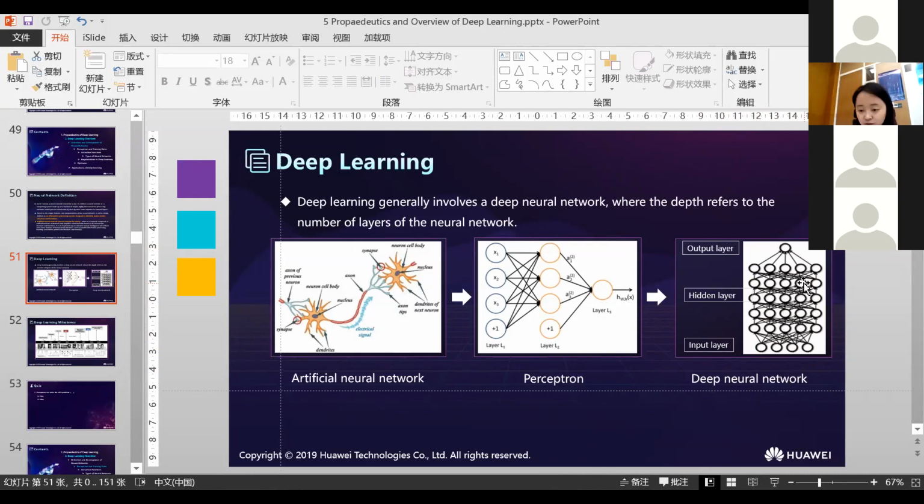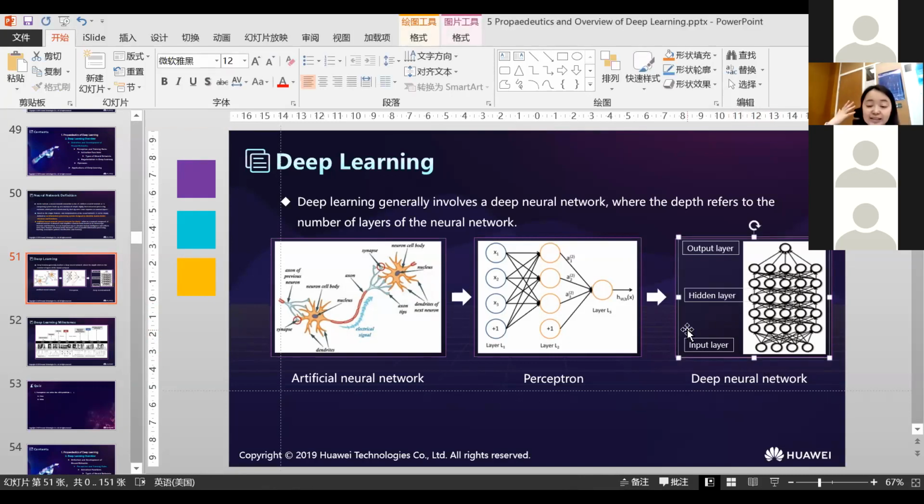That's the reason why we call it deep learning, because the network is very deep. In each hidden layer, we can add 5 neurons, 10 neurons, 100 neurons. So that is an example of a deep neural network.